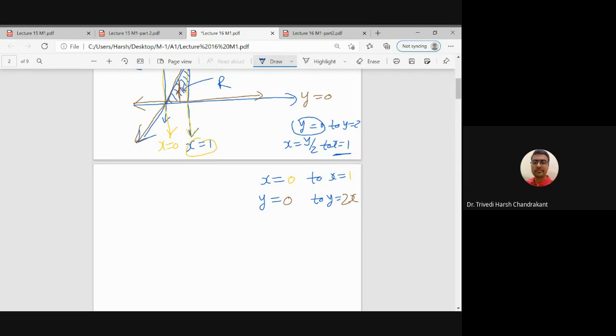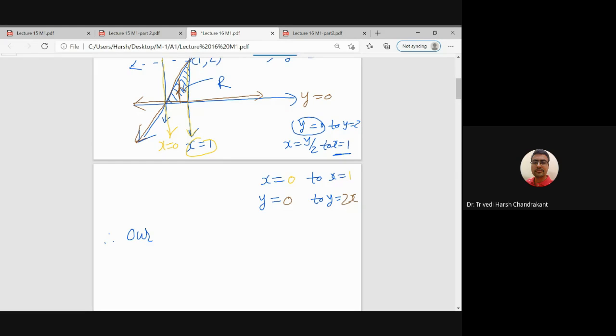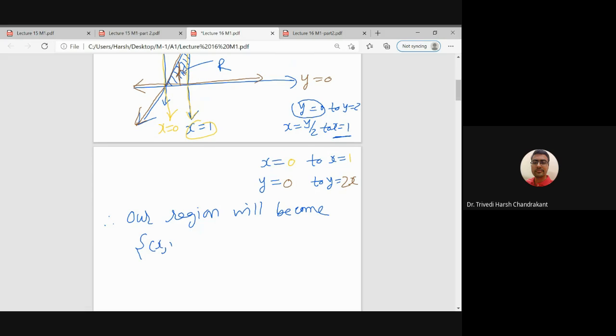So now let us write that down. Therefore our region will become the points (x, y) such that the value of x is between 0 and 1, and the value of y is between 0 and 2x, right?